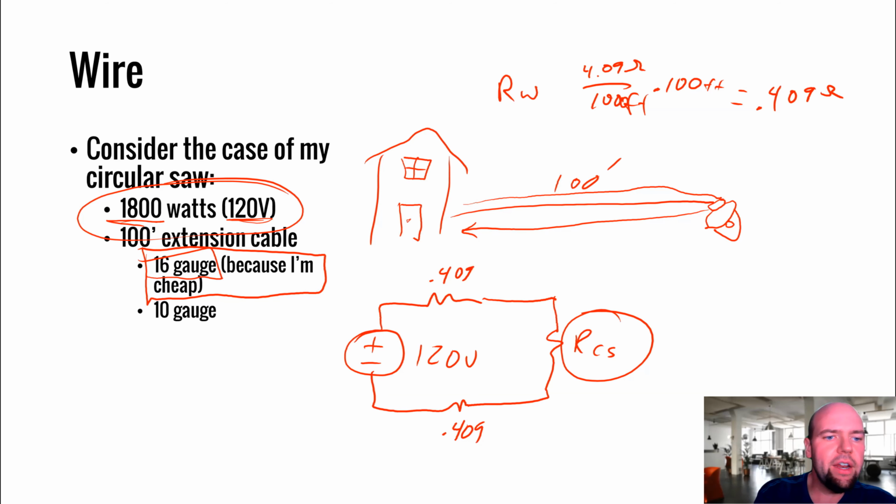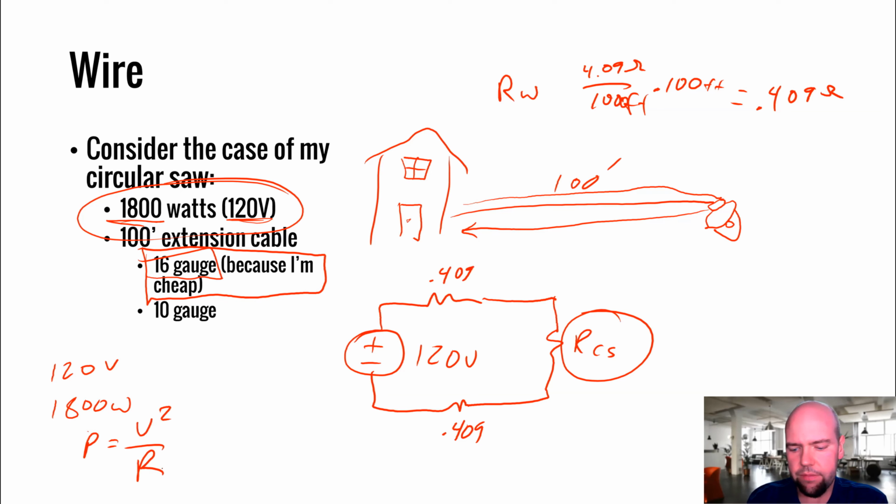So we know we had 120 volts, and we know we had 1,800 watts, and we know power is V squared over R. So we know that 1,800 is equal to 120 squared divided by R. Therefore, R is equal to 120 squared divided by 1,800.